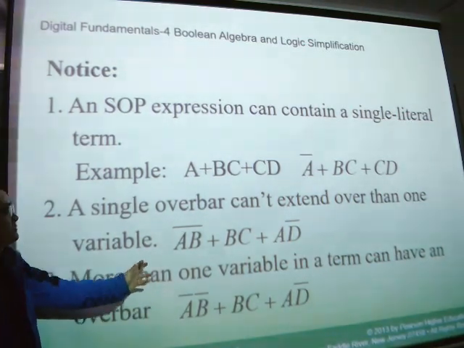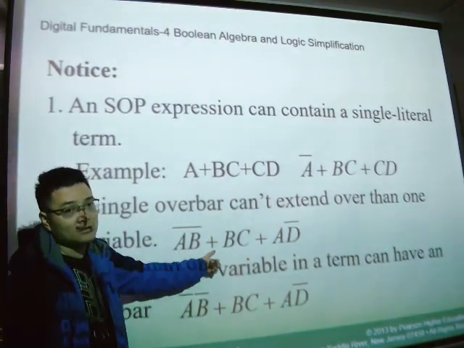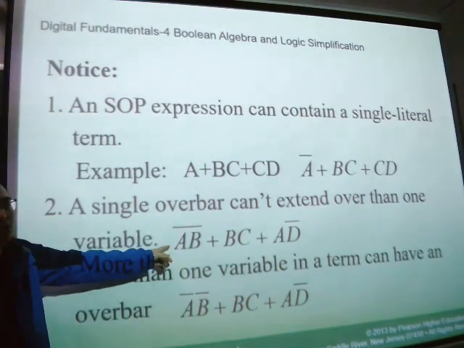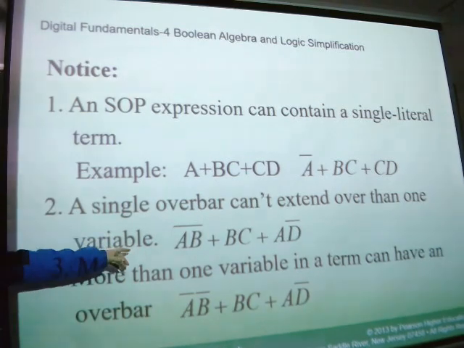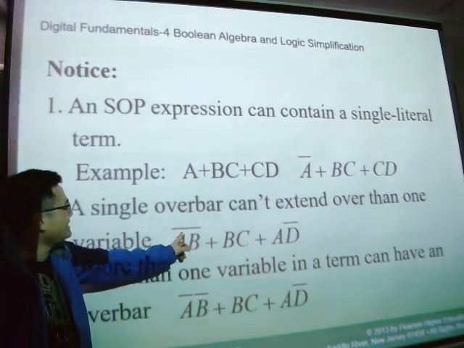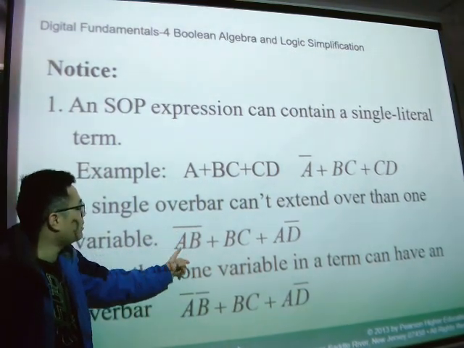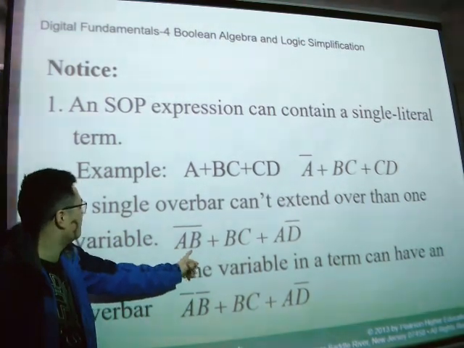The second, a single overbar cannot extend over more than one variable. For example, this expression cannot be regarded as SOP because the overbar extends over more than one variable.